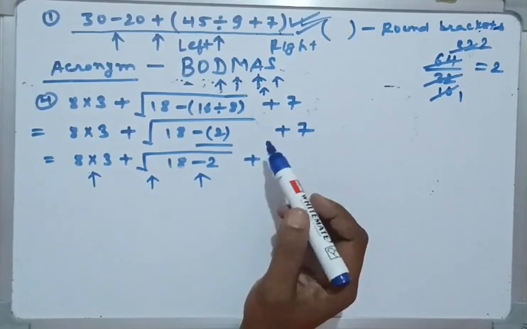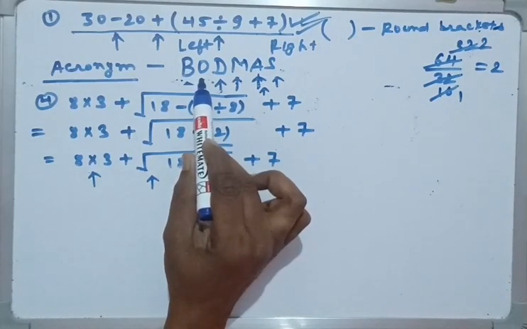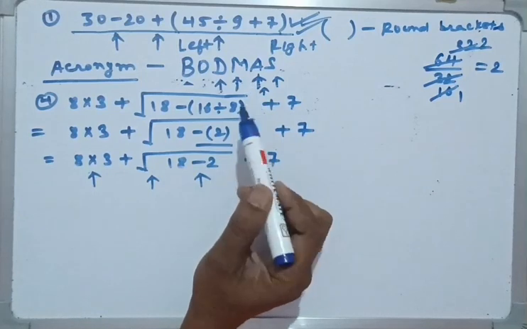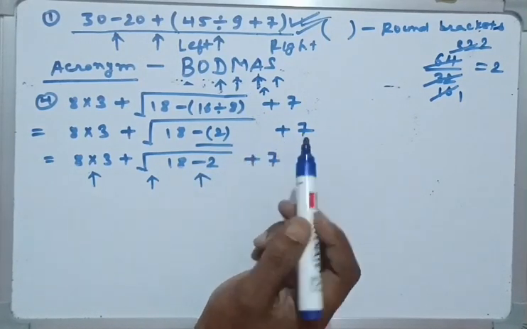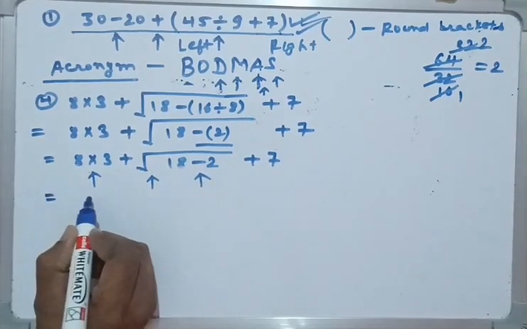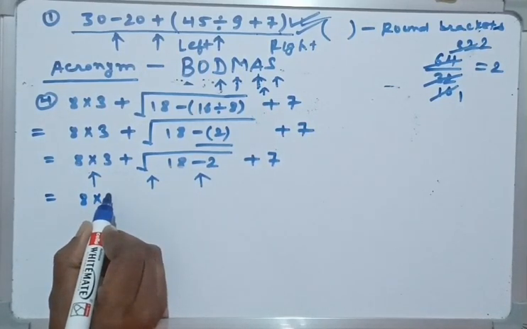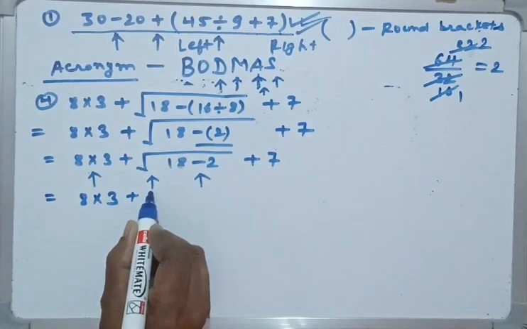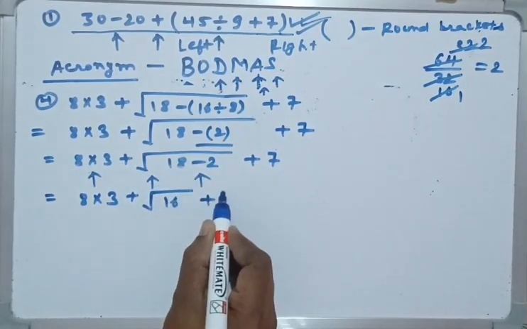See, guys, in BODMAS you have already read that O stands for order, or it may be powers or roots. So we solve this first. You can write it as 8 into 3 plus, then we write the square root, you solve this one, 16, then plus 7.